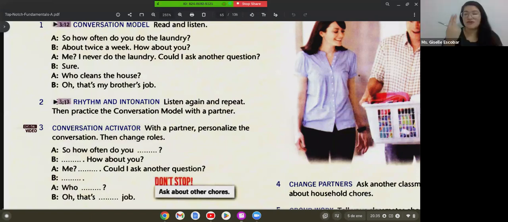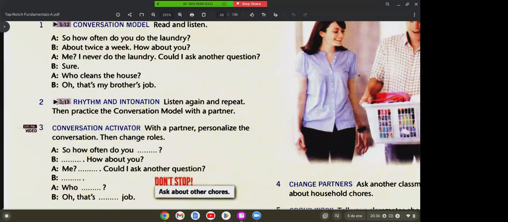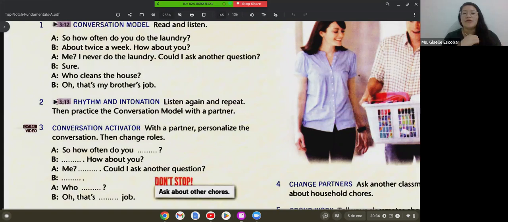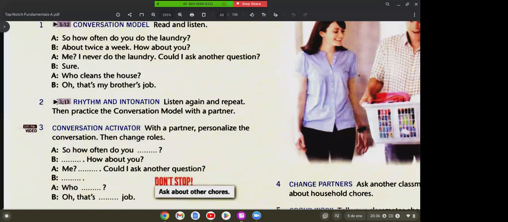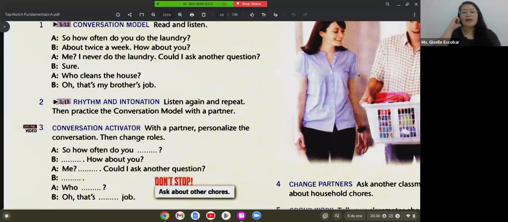My wife and me. Okay, so we are going to say, oh, that's me and my wife's job. Perfect. Awesome. So now let's change roles.